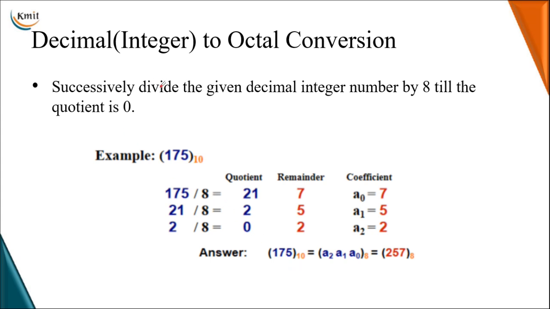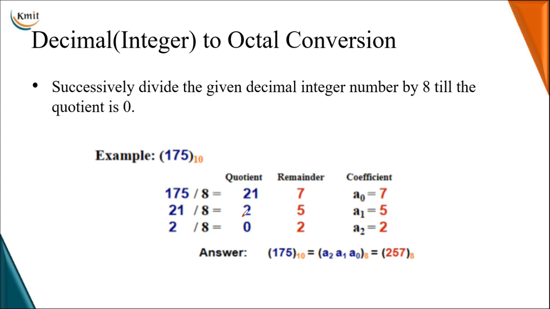Next, decimal integer into octal. As the octal base is 8, the given decimal number is 175, which is a pure integer. We divide 175 by 8, with a coefficient of 21 and a remainder of 7. So a0 is equal to 7, and then 21 we take, which is divided by 8. 8 2s are 16, 21 minus 16, we obtain the remainder 5.